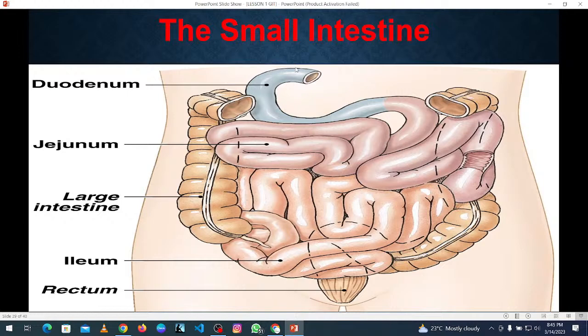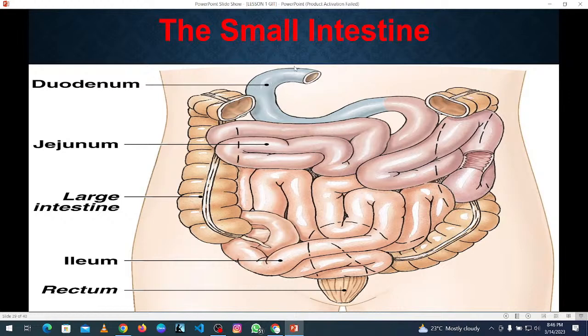It's actually the border section between the, you guys remember, the pylorus region. We say that the stomach has three regions. I believe you guys remember the pylorus region. So it's the border between the pylorus region and the small intestine. This is the duodenum.